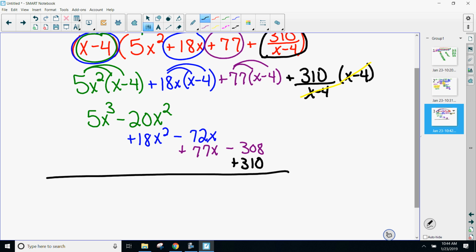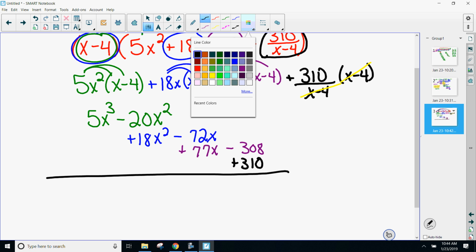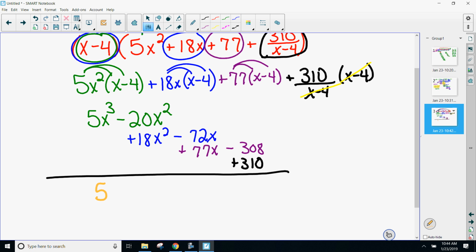Now what happens when you group like terms together? What are you going to get? You get 5x cubed minus 2x squared plus 5x plus 2. This right here should be the value underneath the division sign, right?